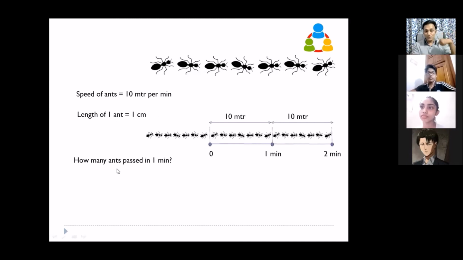So now if you want to know how many ants pass in 1 minute, the first ant is here. When you started measuring from here, at 0 second, this ant crossed. The 60th second is at this point. So the number of ants between this point and this point is equal to the number of ants passed in 1 minute, right?